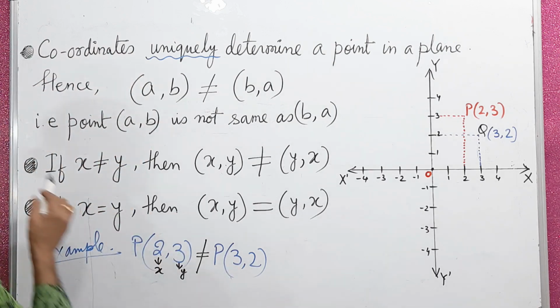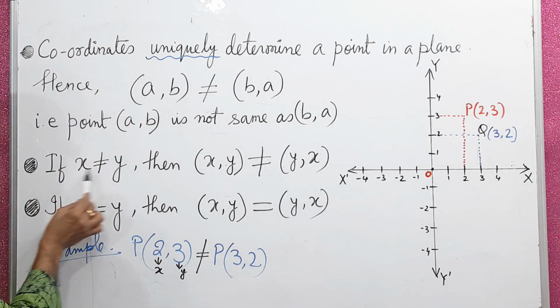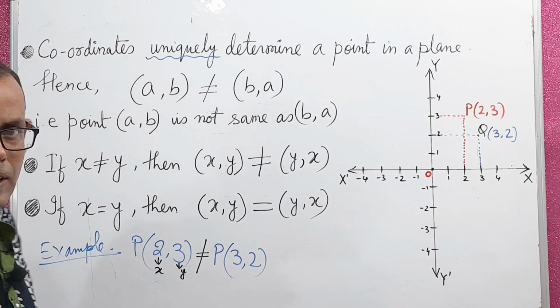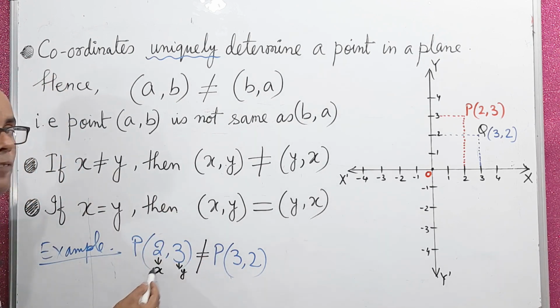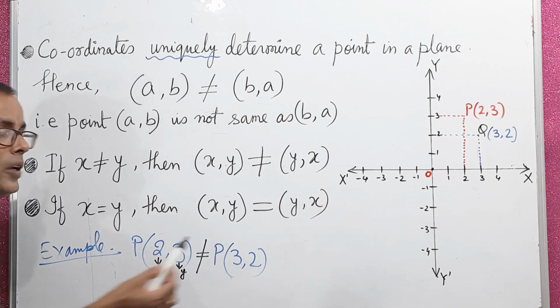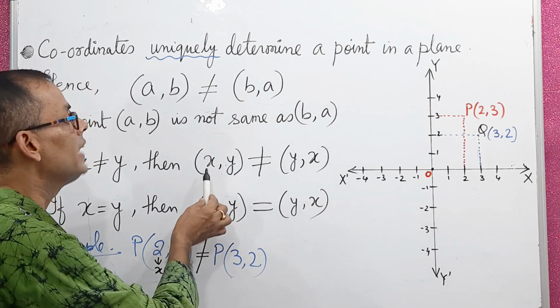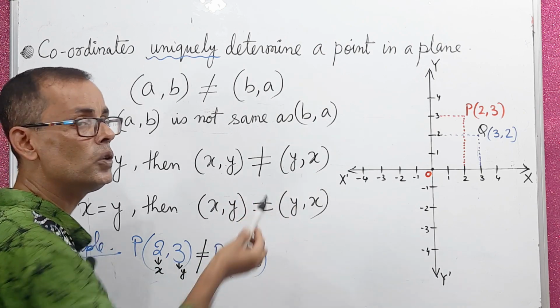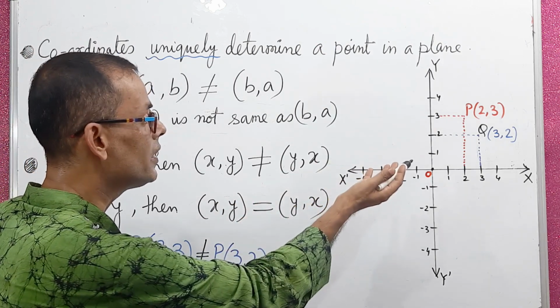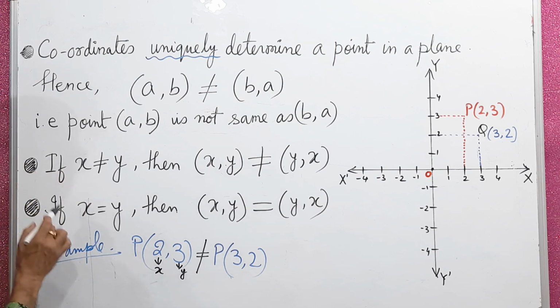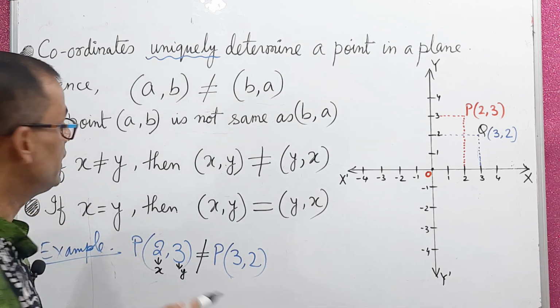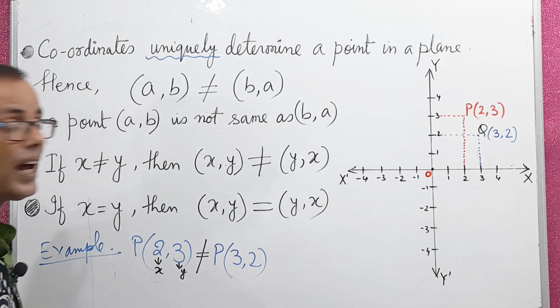Clear? Now, the next one, x not equal to y. The value of x and the value of y are not same. You can see here the value of x and y are not same. So if they are not same, then (x, y) not equal to (y, x). Just now we have studied. But if you see here the last one, if x is equal to y, that means x value and y value are same.